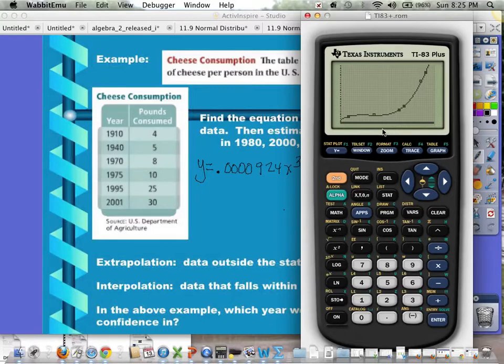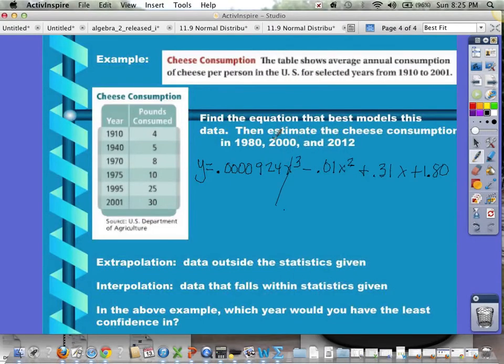All right, so then I need to predict what the consumption would be in 1980, 2000, and 2012. Well, again, I'm going to use 80 for 1980, and that's going to go in where the x's are in this equation.